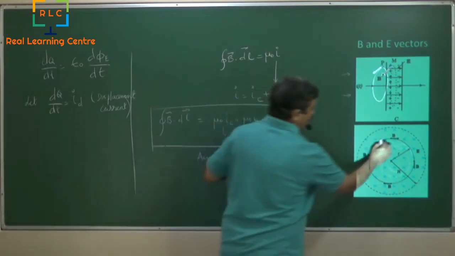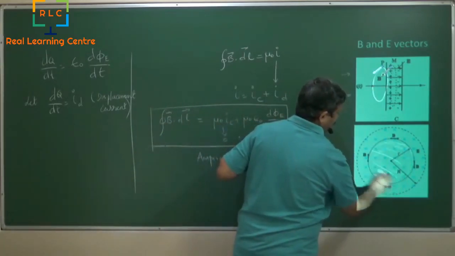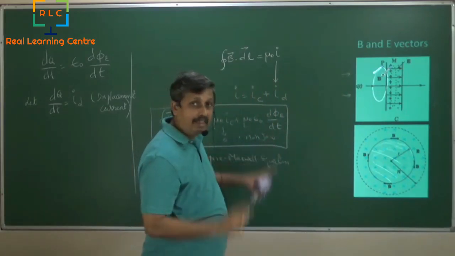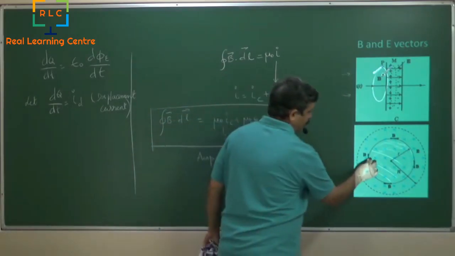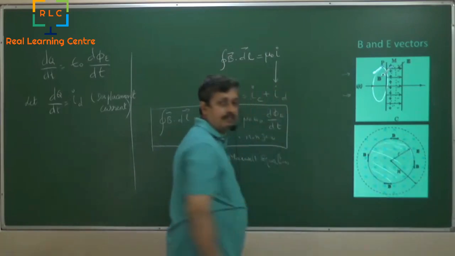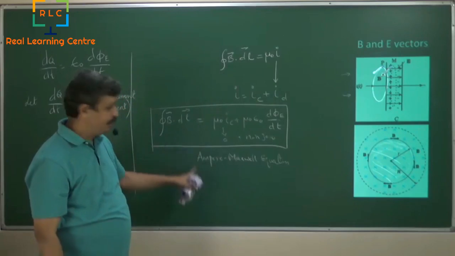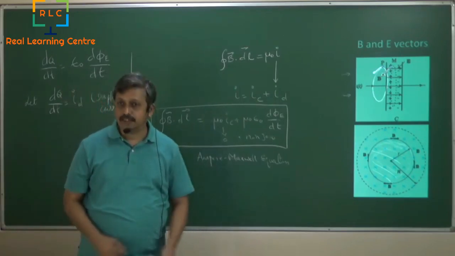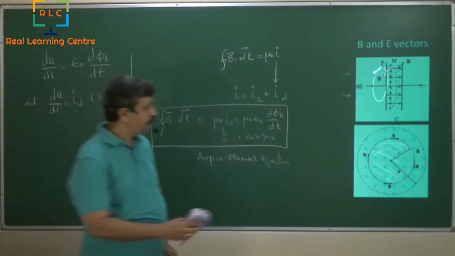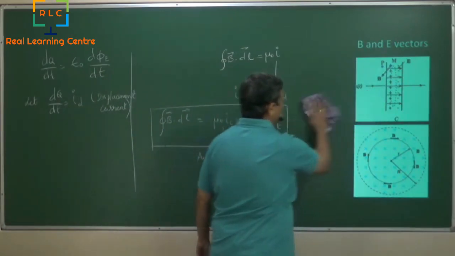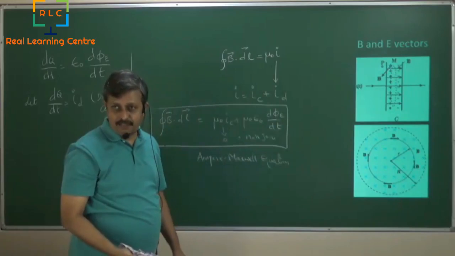The variation of that flux with respect to time will give you basically B on this circle through this equation, the Ampere-Maxwell equation. Okay, so that is the idea. When we work out some problems, I think you will get a better understanding of this.